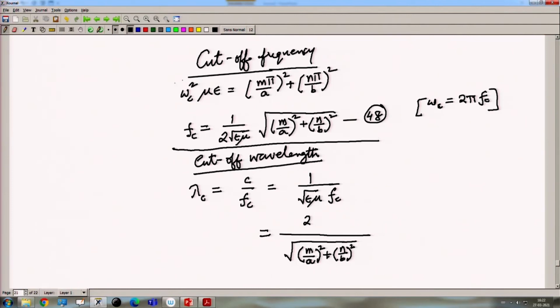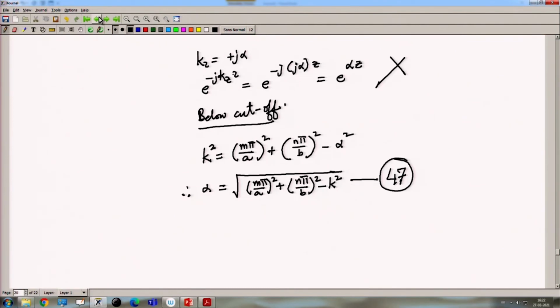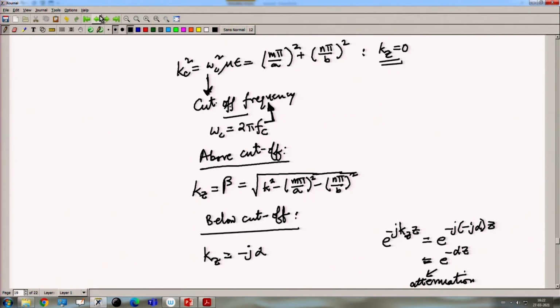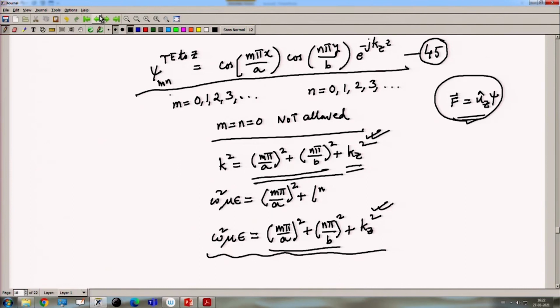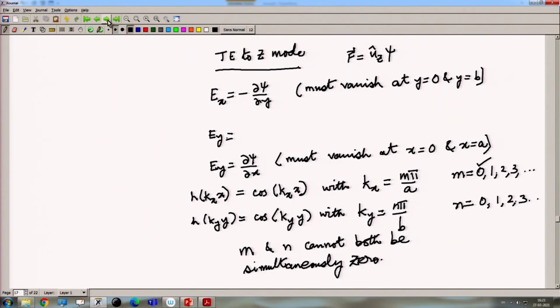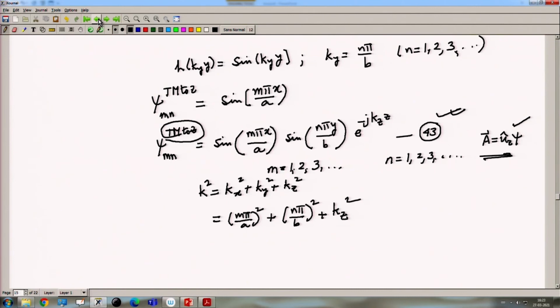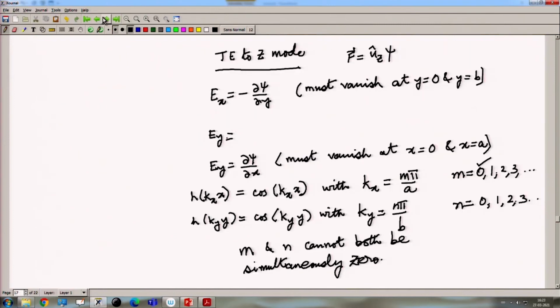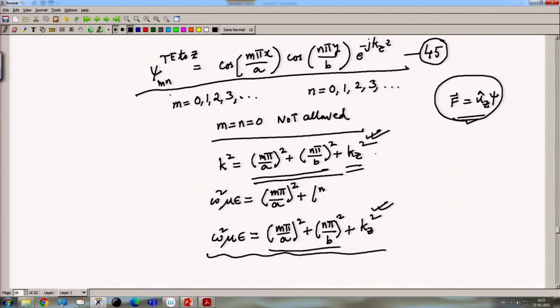Also, its propagation characteristics, which is the value of kz, as defined through here for the TM mode, or as defined through here for the TE mode, they are the same. So, kz will be also the same for the TEmn and the TMmn mode. So, we call this degenerate.